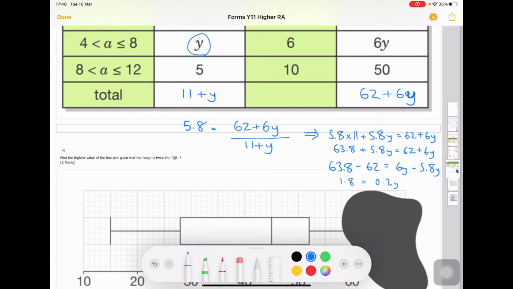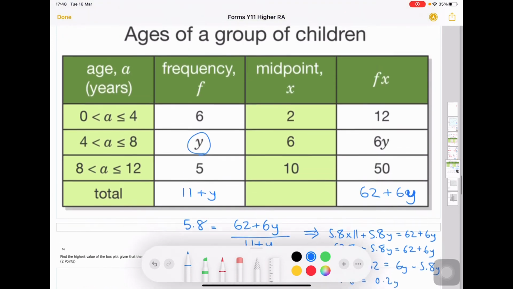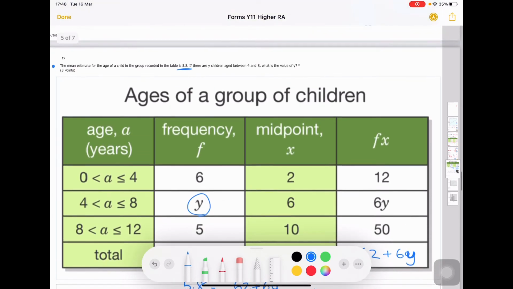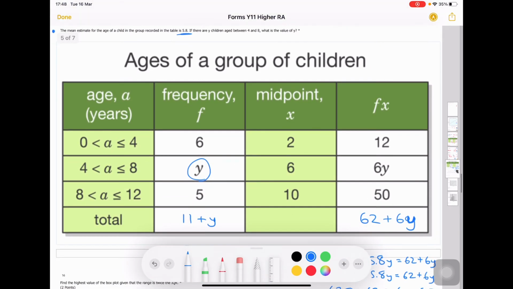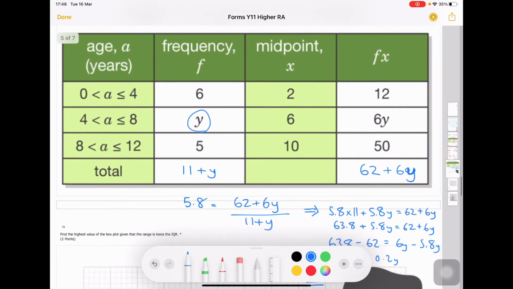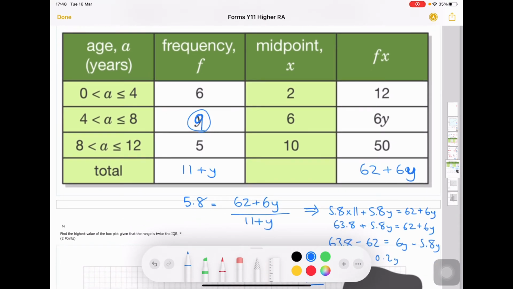Divide both sides by 0.2 and we get y equals 9. Let's look at the question again. Where's the value of y? Yeah, so we just worked it out. y equals 9. So we can write 9 here.